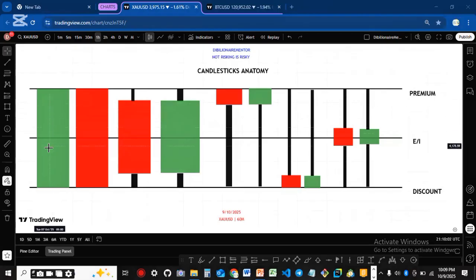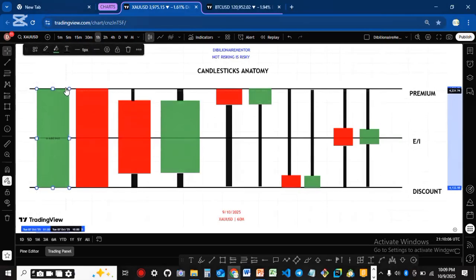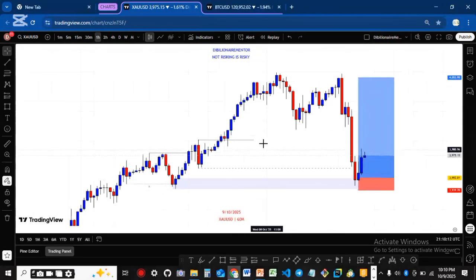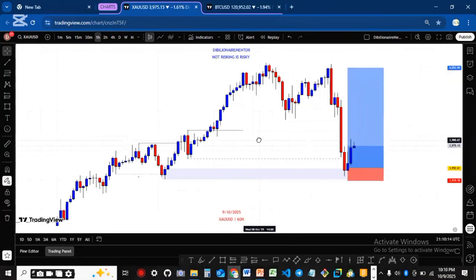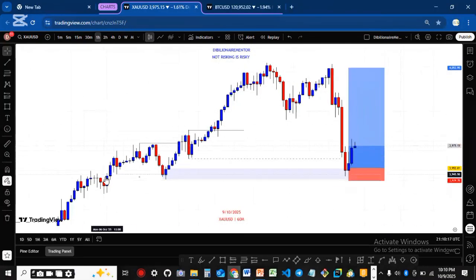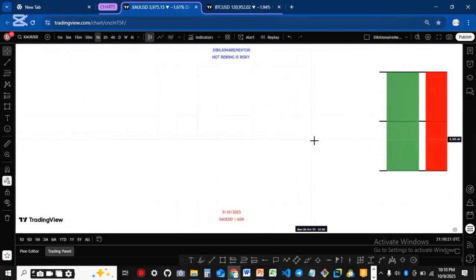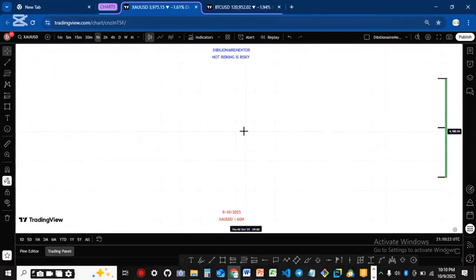So this candle here is what we call the engulfing candle. Let's come to the chart. We have this one here as an engulfing candle. Engulfing simply means to cover or to overthrow.